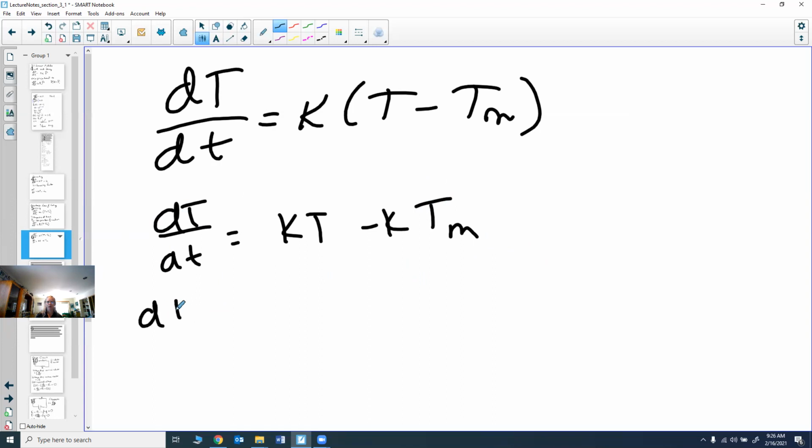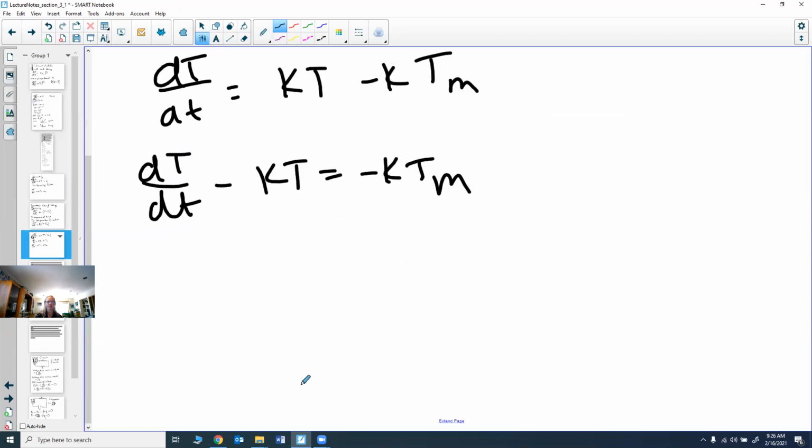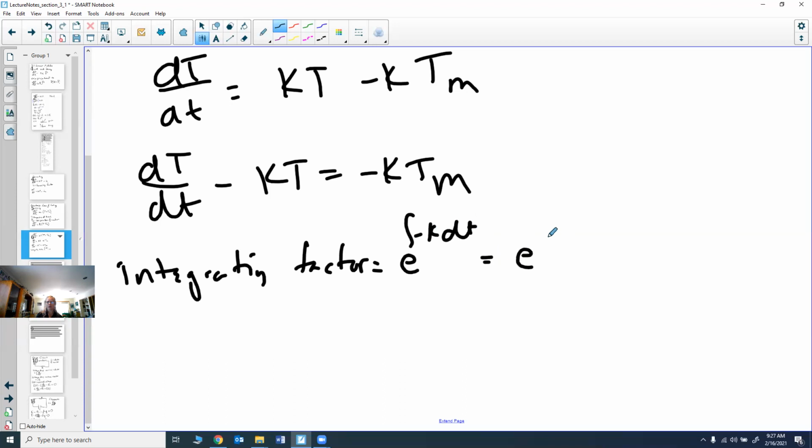So if I bring that kT over to the other side, I get a nice little linear differential equation. So we're going to go ahead and solve this. My integrating factor is equal to e to the integral of minus k dt, so it's going to be e to the minus kt. So we're going to multiply that through.